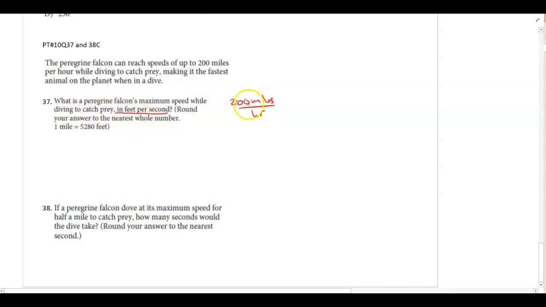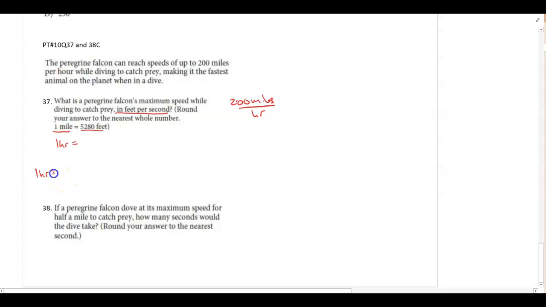So now what we have to do is change this from 200 miles an hour to something feet per second. So we already know that 1 mile is equal to 5,280 feet. So that'll be an easy conversion. But if we got to get from hours to seconds, that's what I want to kind of focus on here.